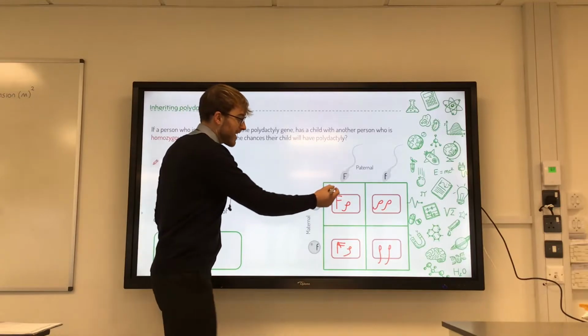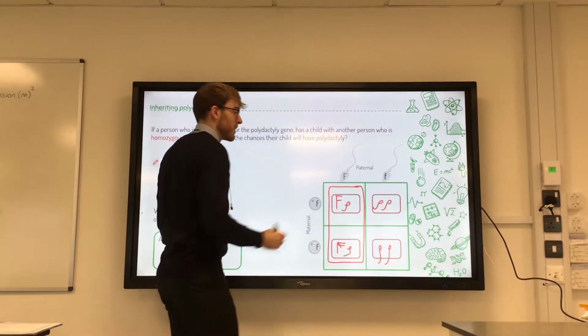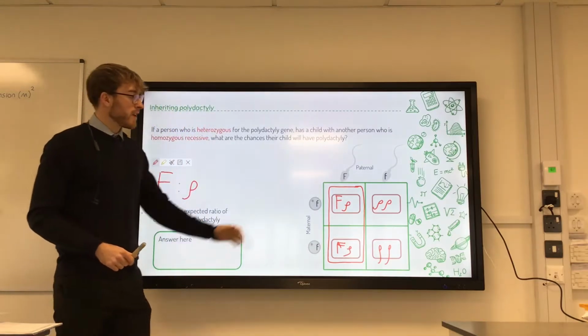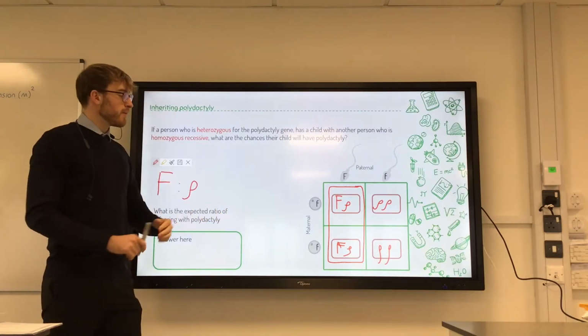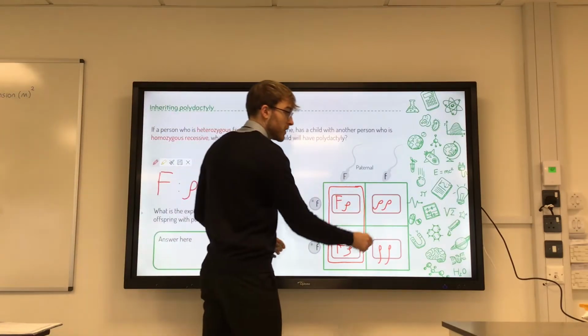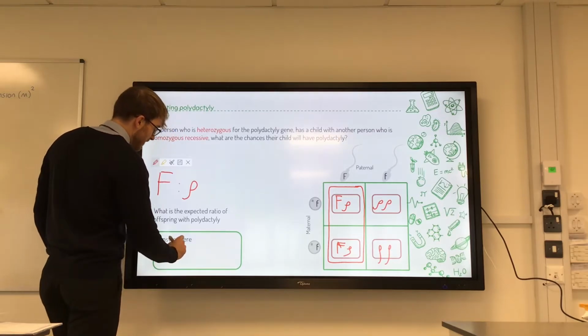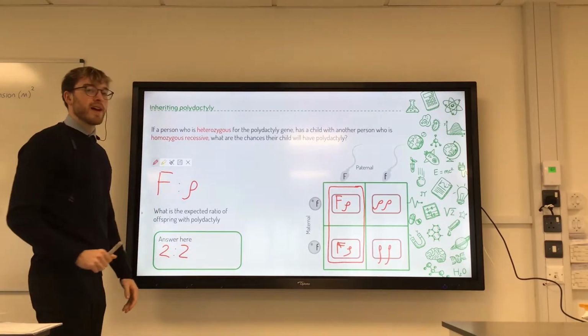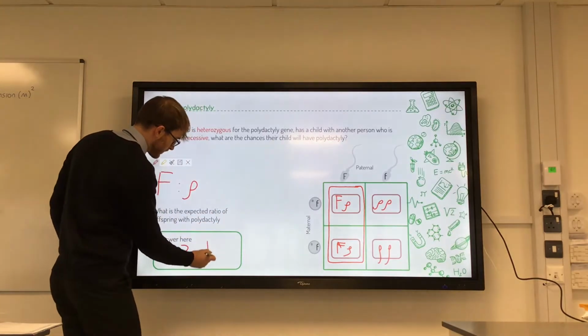So we can see here that we have two genotypes in the offspring that would have polydactyly, out of a total of 4. So it would be 2 out of 4, or 2 to 2. So our ratio is 2 with polydactyly to 2 without polydactyly. Simplifying that ratio, 1 to 1.